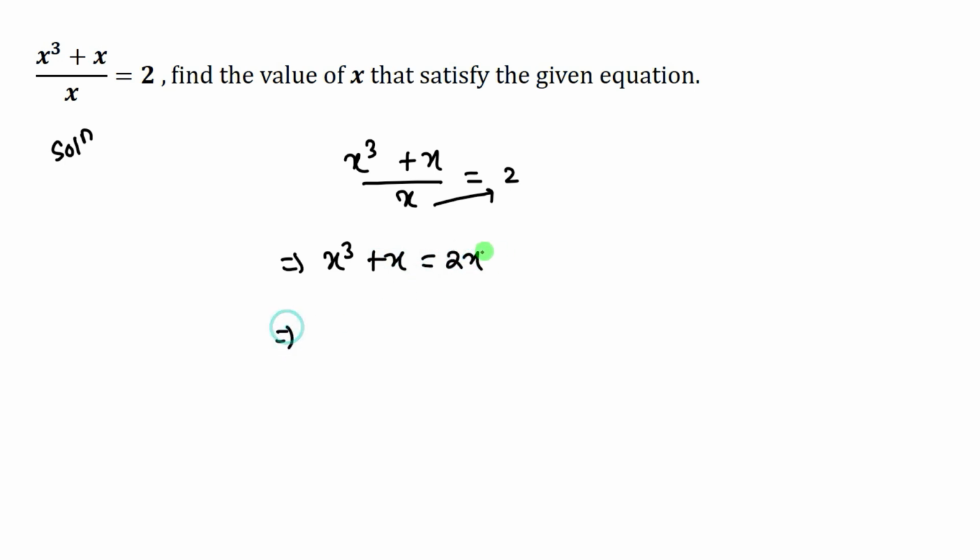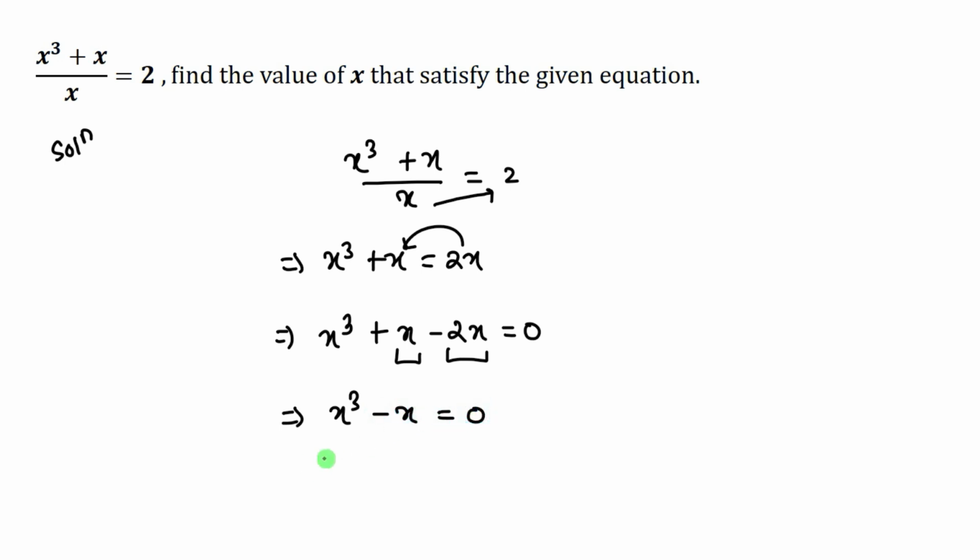Now in the next step, I am going to take this 2x to the left hand side. So here we can write x cube plus x minus 2x equals 0. Here we have x and here we have minus 2x. So in the next step, I can write x cube minus x equals 0.